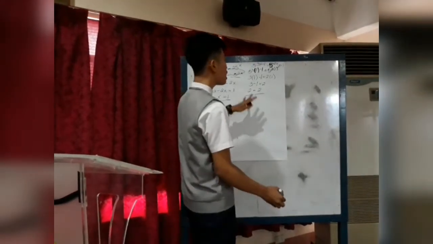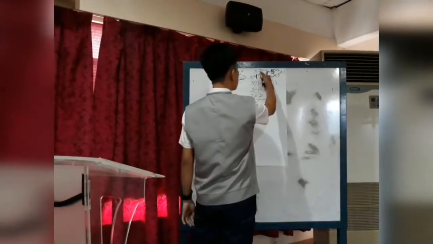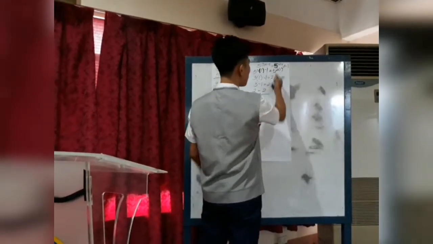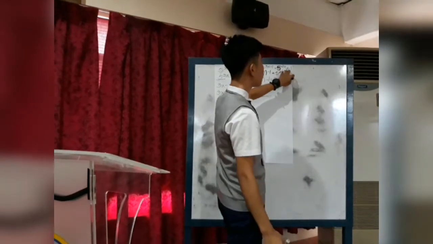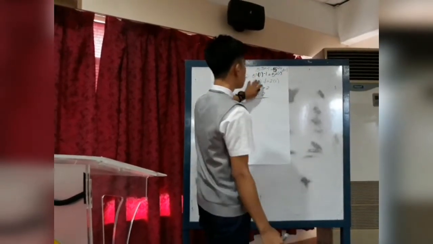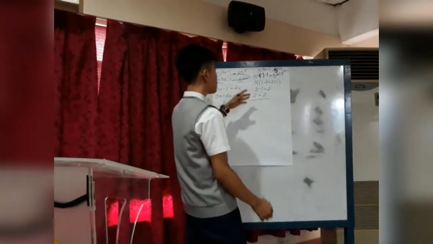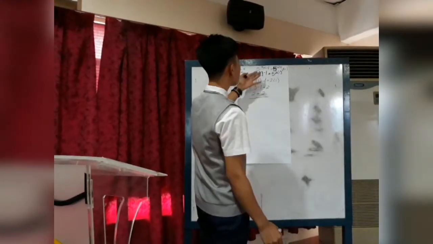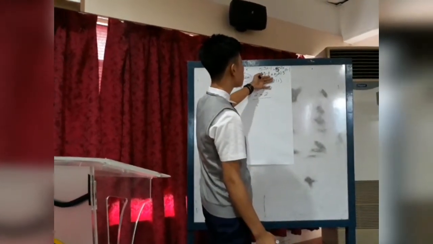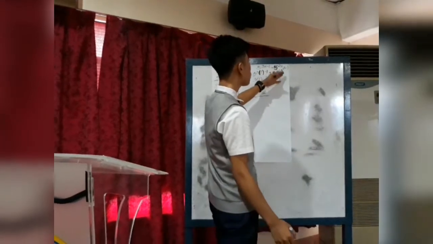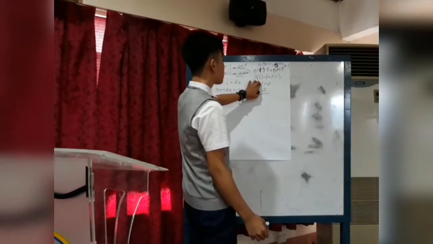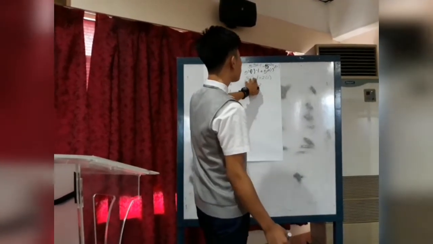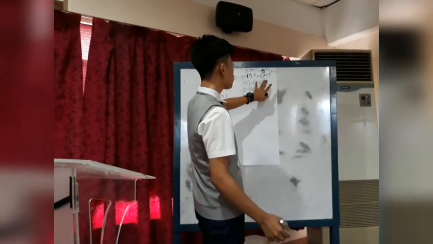Now to evaluate, 3^(x-1) is equal to 5 squared^x with the value of x. Simplify: 3 times 1 minus 1 is equal to 2 times 1.